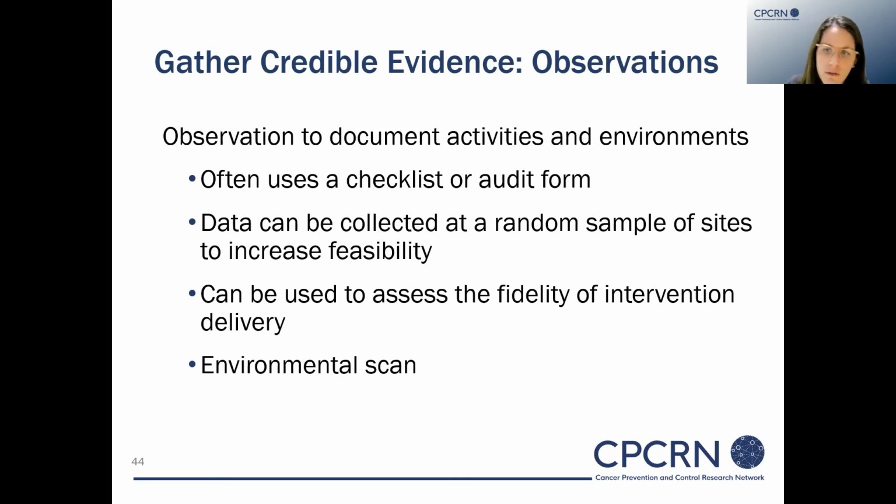We might make note of how busy they were, how many pharmacists were working at the time, or if there was easy access like parking for patients to get to the pharmacy. So an environmental scan can be really helpful as well to get a lay of the land for your evaluation or for your initial assessment.